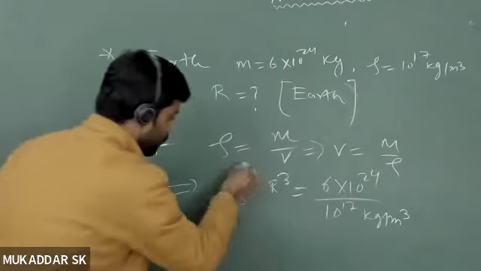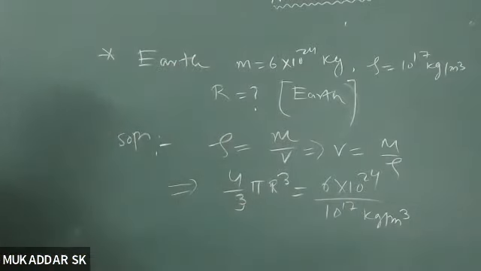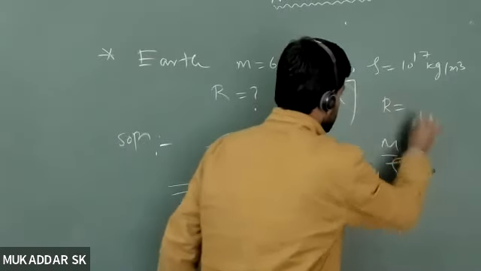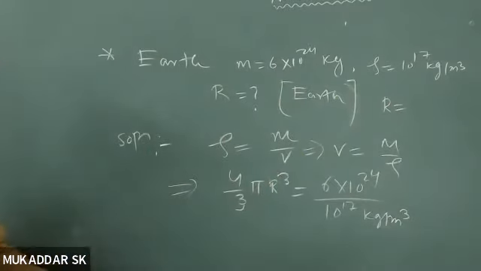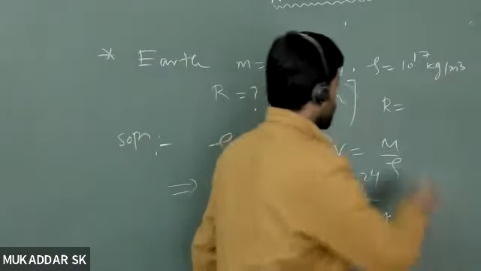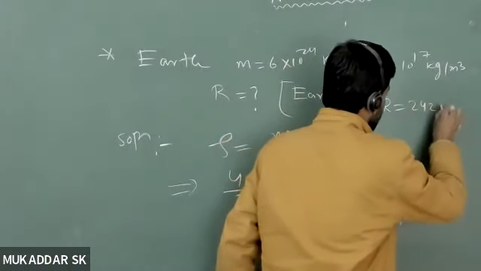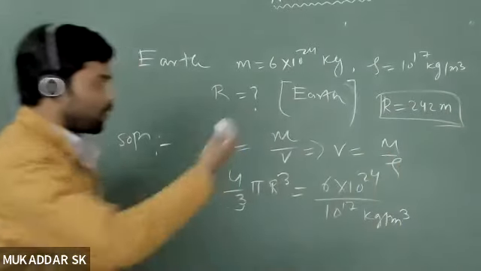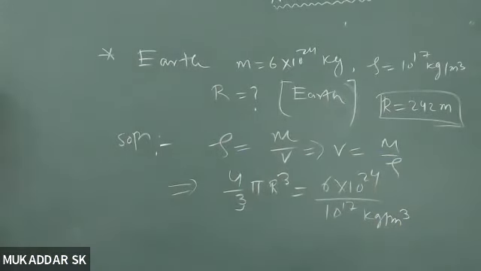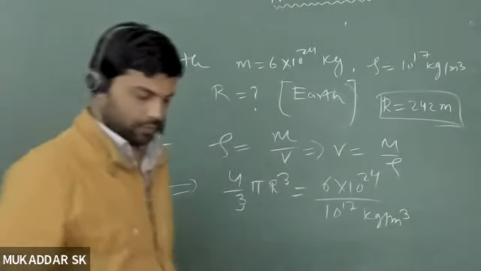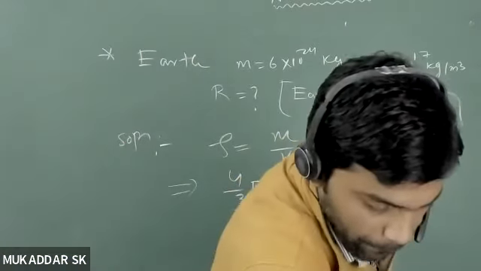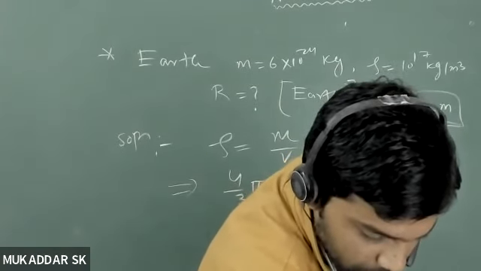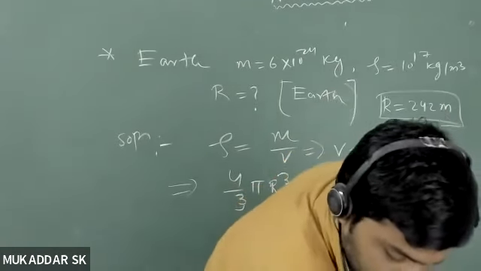So you can bring 4 by 3 pi to the denominator and get the value of r. If you solve this, you will basically get 10 to the power 42 meter. Now look how small the earth has become. Is this clear? Yes, sir.